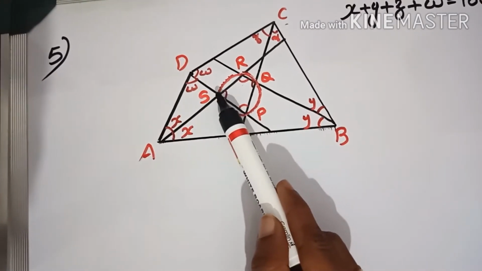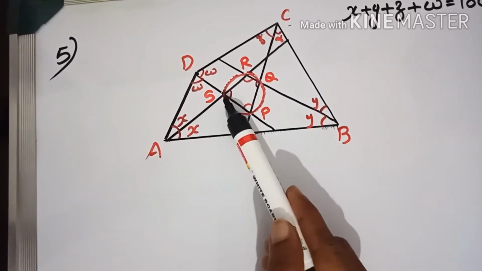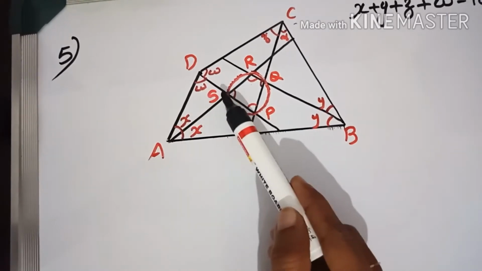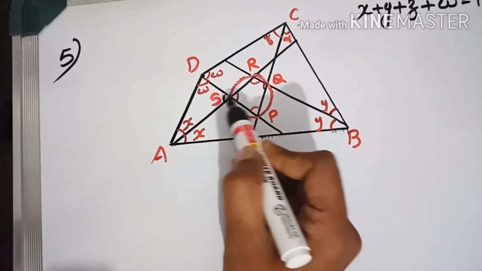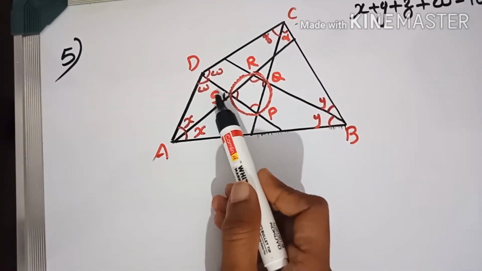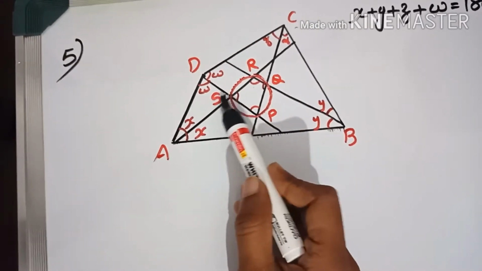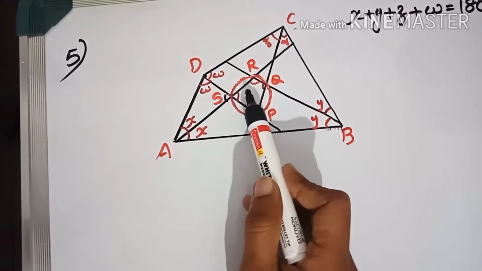But angle S is a part of triangle DAS. DAS part is angle S, but these two are what? Opposite angles. So whatever be this angle, the same will be here also, because angle S is a common point and these two will be opposite angles.